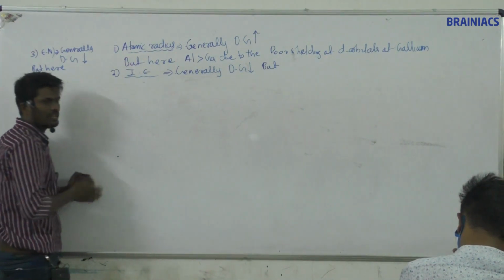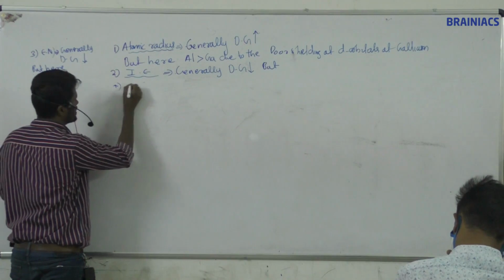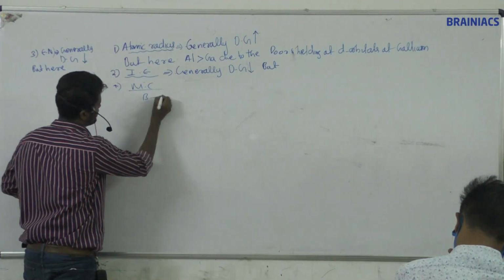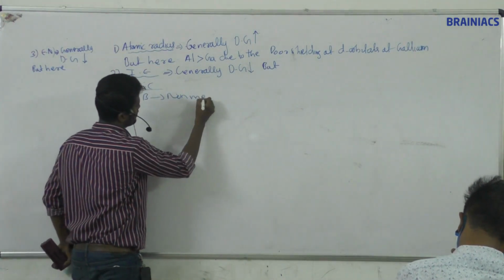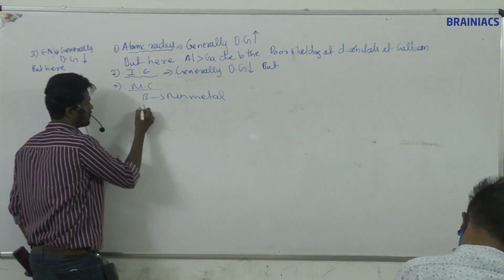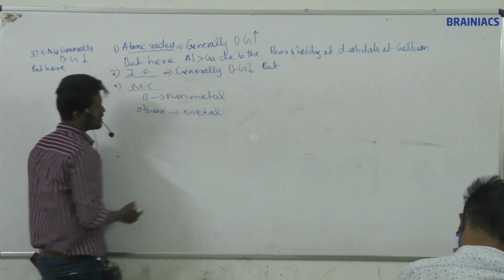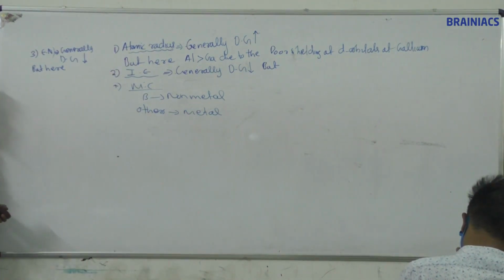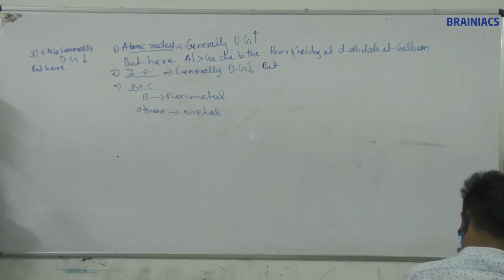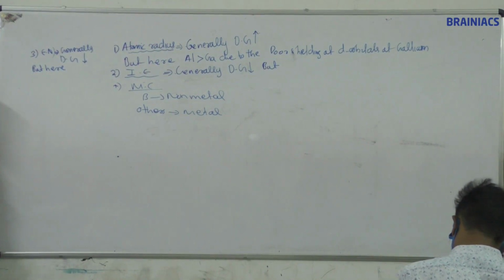Next, metallic character. Generally, down the group, what happens to metallic character? It increases. Metallic character increases down the group.